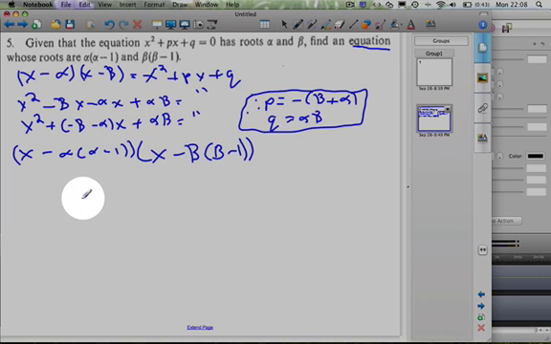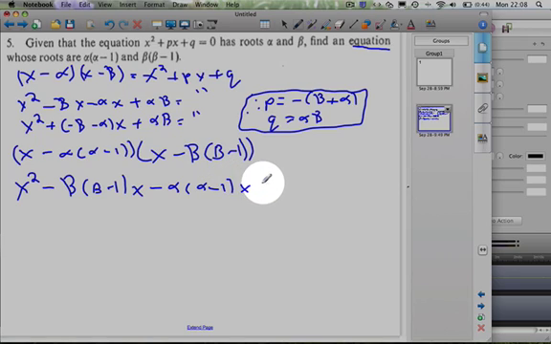Okay? So expanding this expression, and anytime we see something like this or this, we can make a substitution. So x squared, then minus beta, beta minus 1, x minus alpha, alpha minus 1, x, and then plus alpha beta, alpha minus 1, beta minus 1.